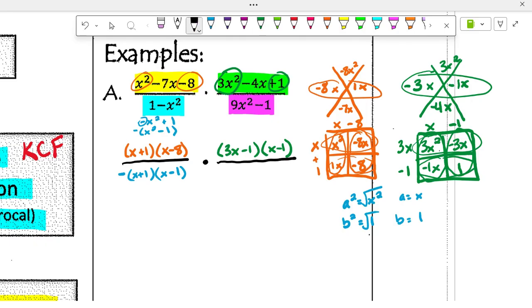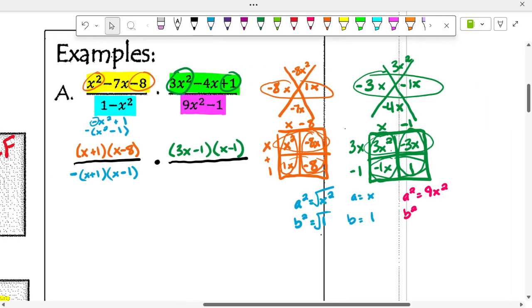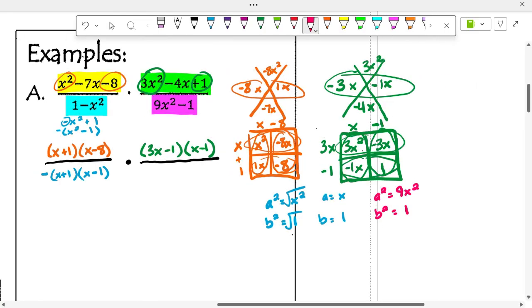Finally, we need to factor the denominator. So what's true about the denominator? It's a difference of squares. So a squared is 9x squared, b squared is 1. We got to take our square root to get a and b.